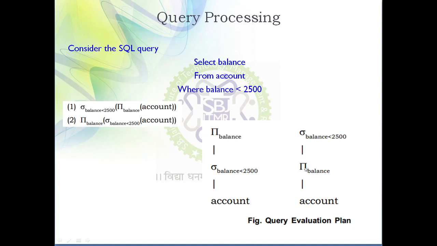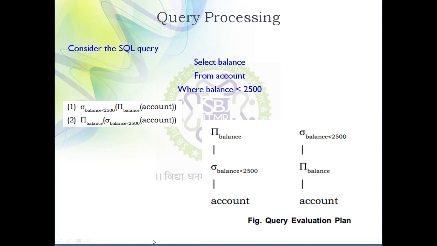In plan 2 you fetch all 10,000 records, but with a single column, balance, and then apply the condition that balance should be less than 2500. If we compare plan 1 and plan 2, plan 1 will take less time and occupy less memory. The reason is very simple: out of 10,000 we have extracted only the 500 rows in which we are interested.